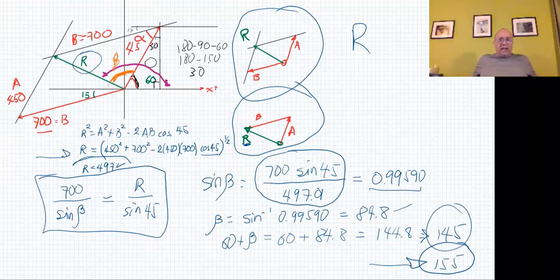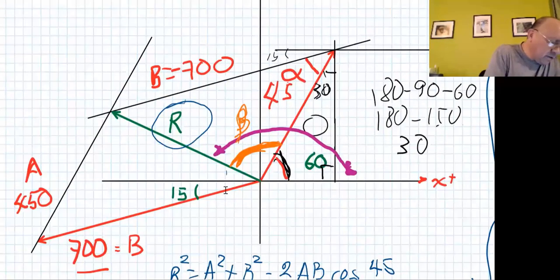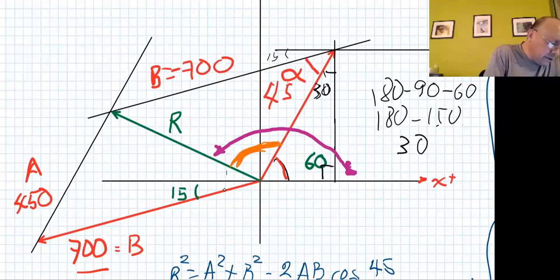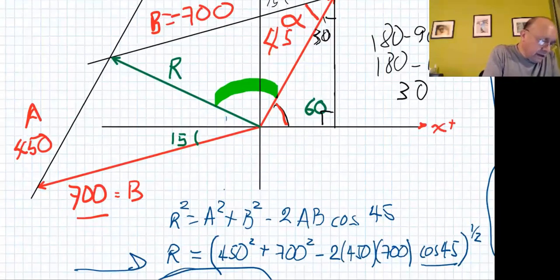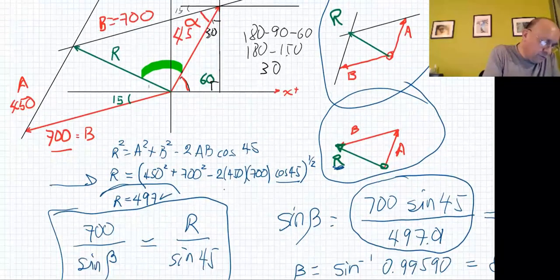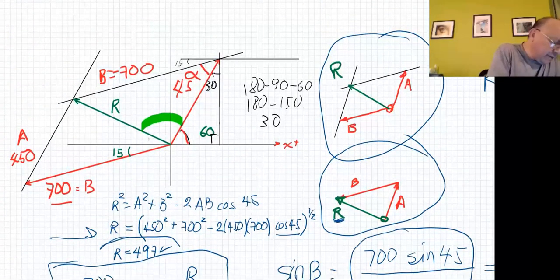Well, I'm going to tell you what happens here. The answer is 155 because, look, the angle that we were looking for was this angle, the orange angle. Let me clean this a little so we can see it better. The angle that we were finding was this one, and we got 84.8, 85.